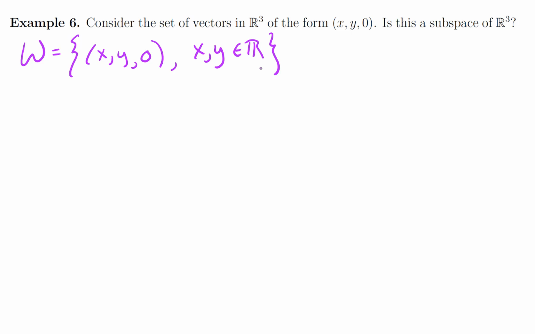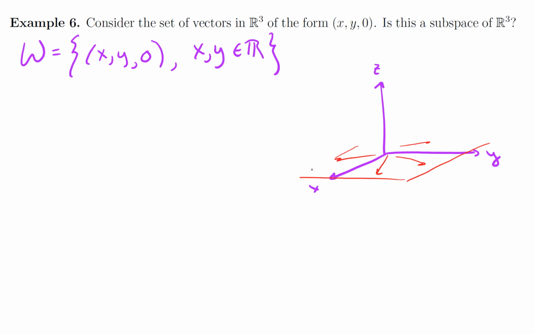This is a nice example because if we look at the 3D coordinate system, we're really just looking at vectors (x, y, 0). We're looking at vectors that live down here in this xy plane.